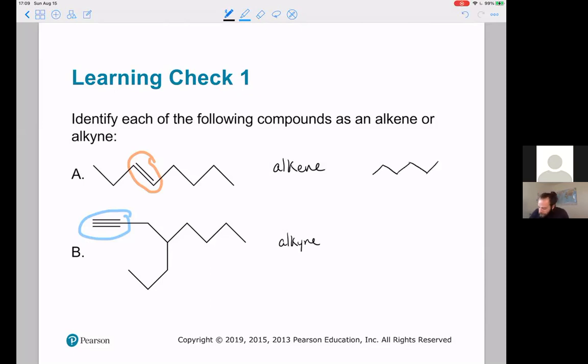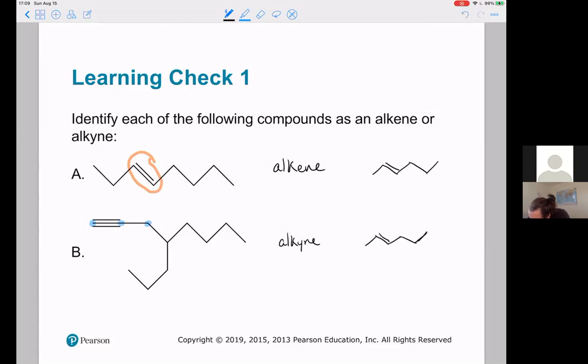And notice that with our alkenes, we didn't really draw them any different than our alkanes. It's just that normal zigzag, and then there was an extra bond thrown in. Alkynes, you draw in that linear shape. So what do I mean by that? This is a carbon, this is a carbon, and this is a carbon, all in a straight line.